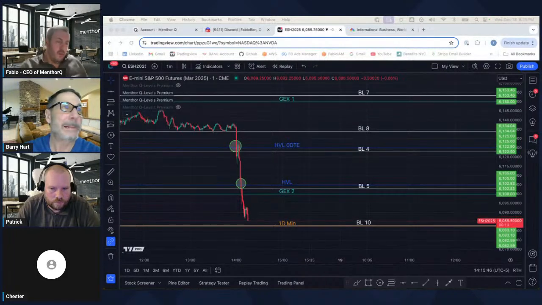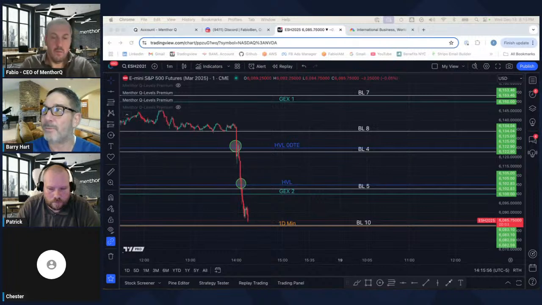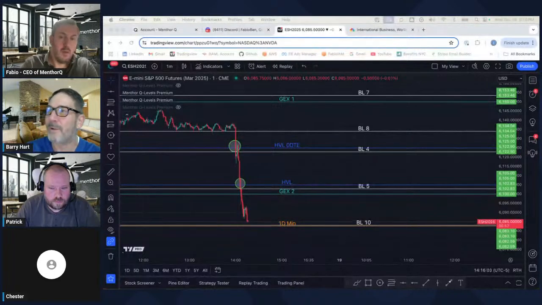So I'm looking at the March contract, and I'm just wondering if there's an arbitrage opportunity here because the premiums are so much higher Thursday than they are Friday. That's not my trade, so I'm not going to do it. But I thought it was.